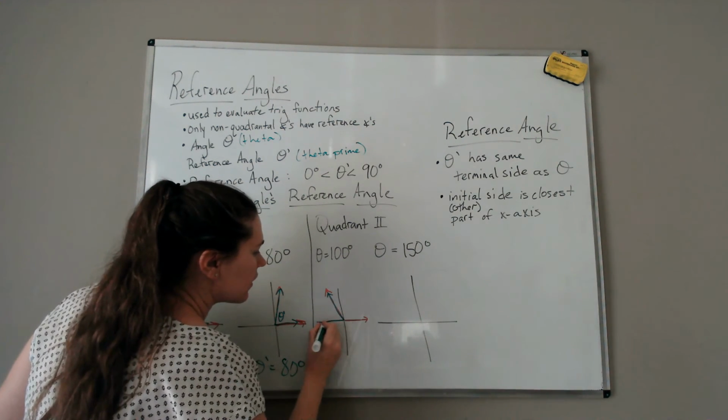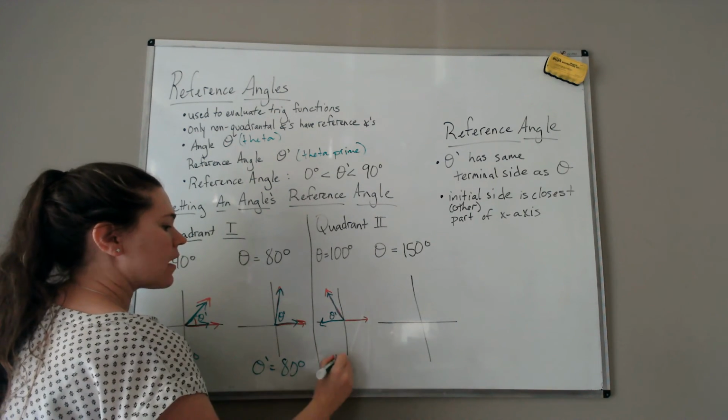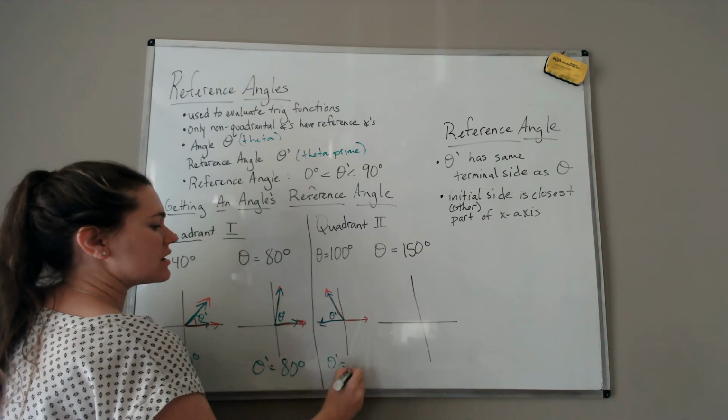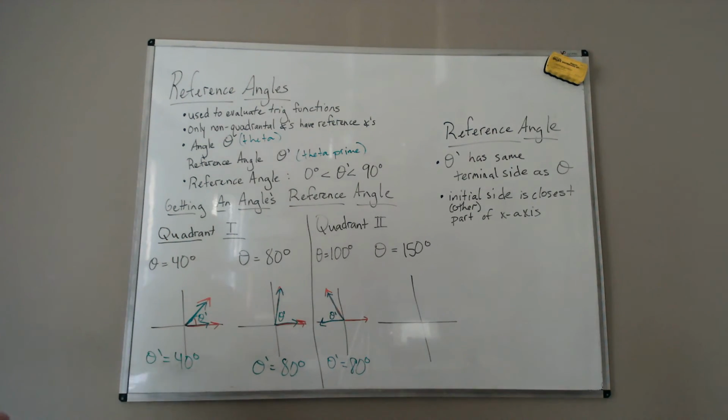Here. So this is theta prime. Theta prime is how many degrees? 80 degrees here. So they share the same terminal side.